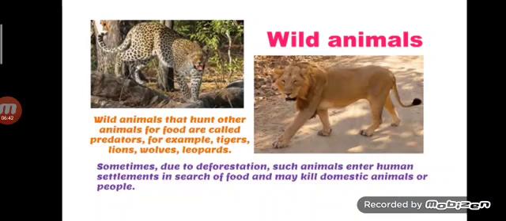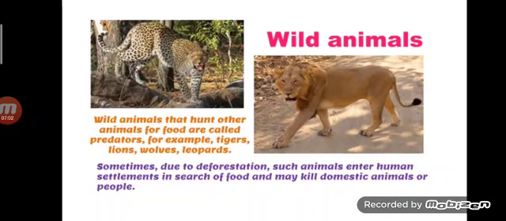So, such animals enter the human settlements because they want food, because food has become limited now. We have cut the jungles, we have cut the forests, so they can't find food. So, in search of food, they come into this human settlement.